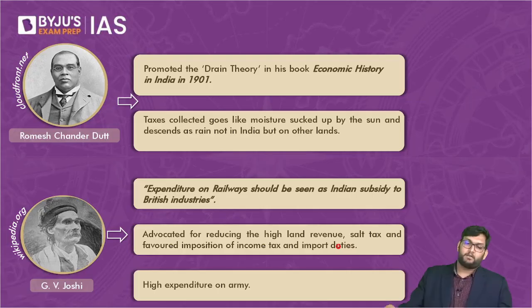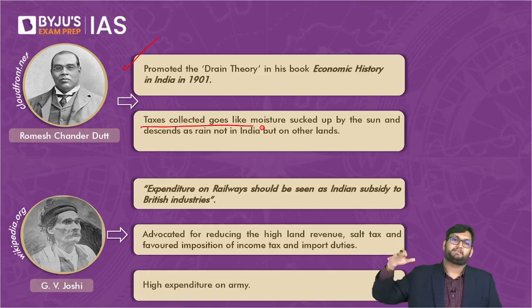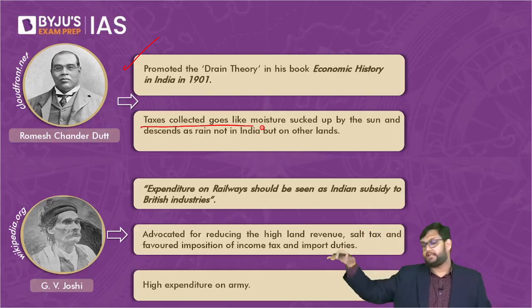Further, R.C. Dutt will argue the drain theory in his book Economic History of India in 1901, and he will give a very beautiful analogy: the taxes collected here go up like moisture sucked by the sun, but do not descend as rain in India, but as rain in another land itself.